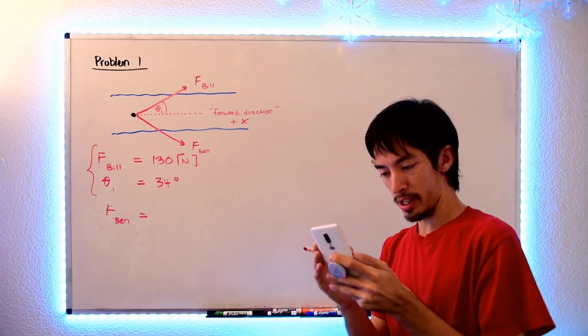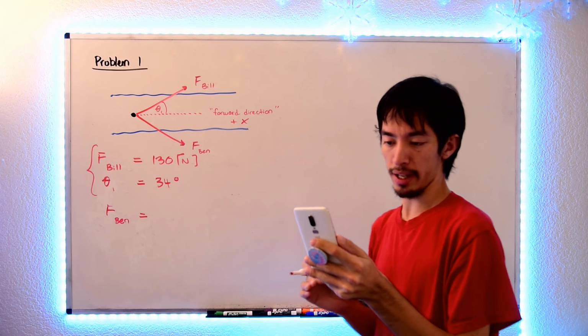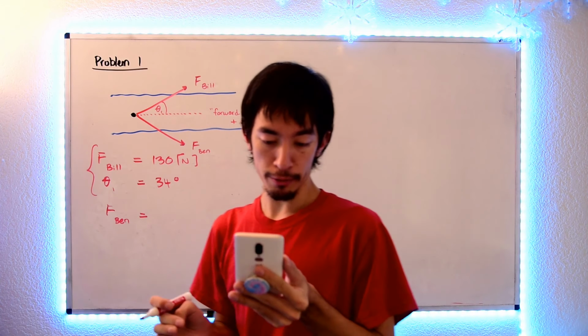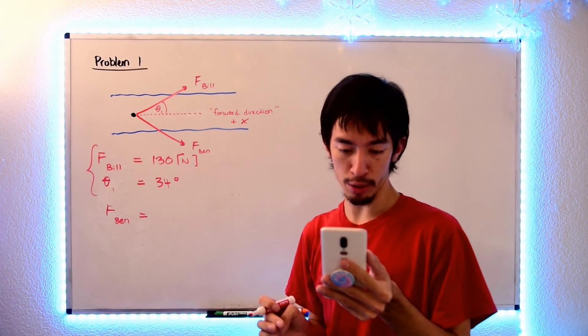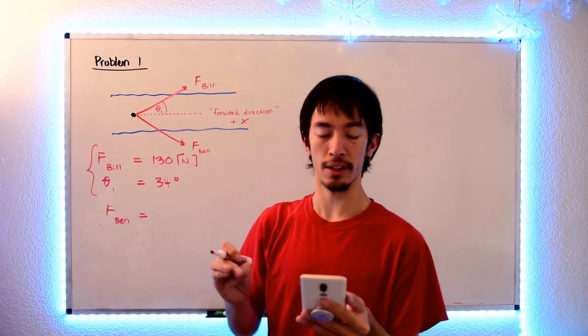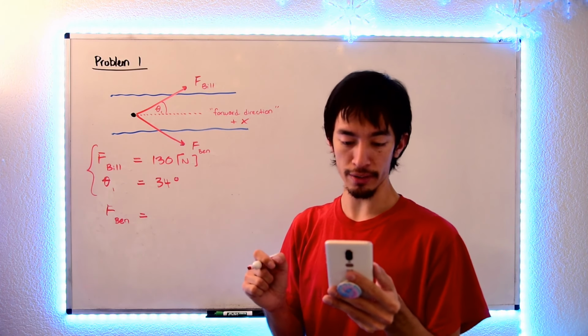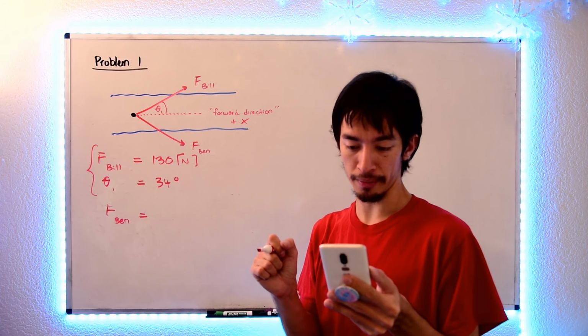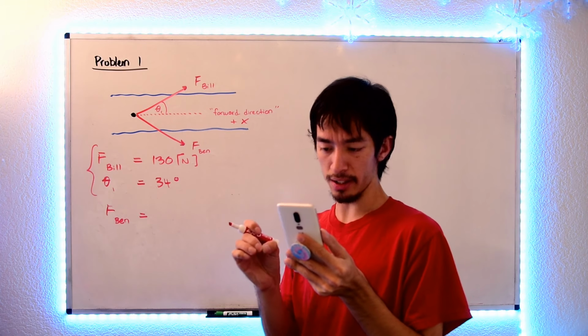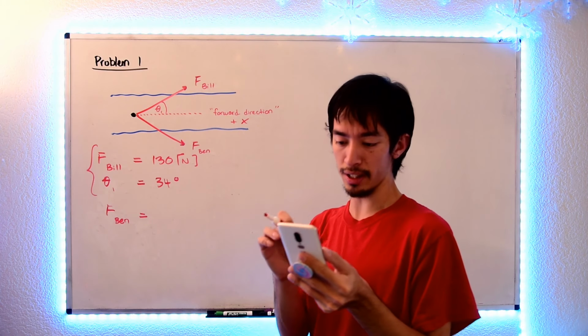I don't think we are given the force for Ben. It says in part A of this question, what force F should Ben pull so that the net force, in other words the total force, of the 2 crewmen is in the forward direction to the left in the picture.